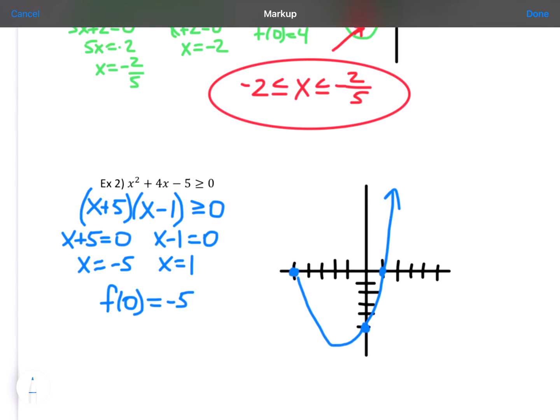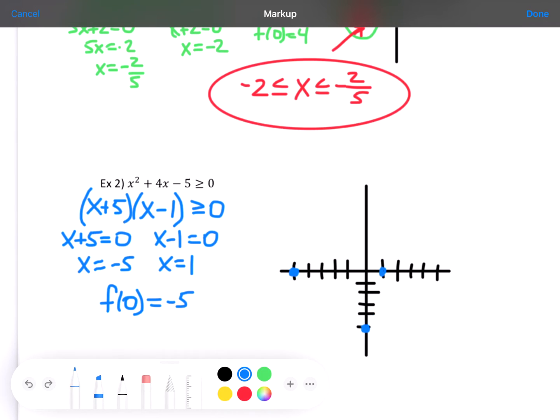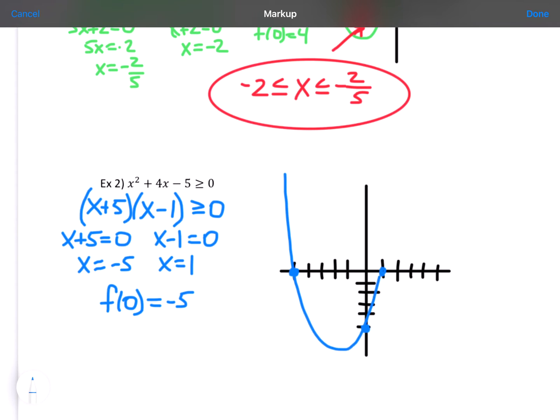It's going to go down. So my graph, let me redraw that graph. I think I can do a better job. So it's going to be something like that, although it didn't exactly hit, but you get the idea.